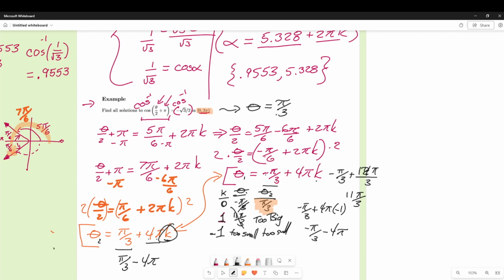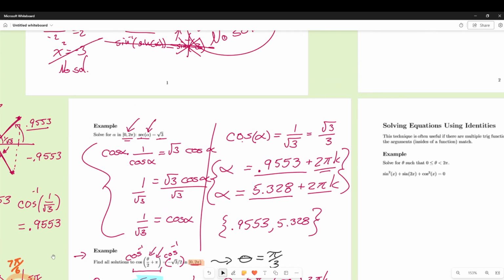The hardest part about this tends to be for people, and different people struggle with different things, of course, but getting the first solution that comes from your inverse function, generally we can do. Finding this second solution is generally the hard part when you're working with sine and cosine, because you have to do them differently because the quadrants are in different places. So I always recommend draw out the diagram.